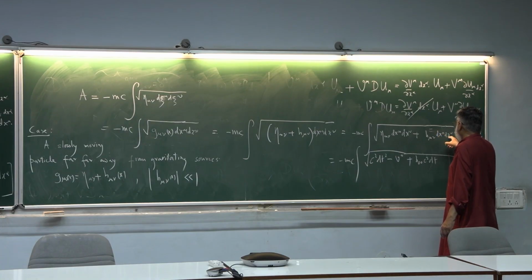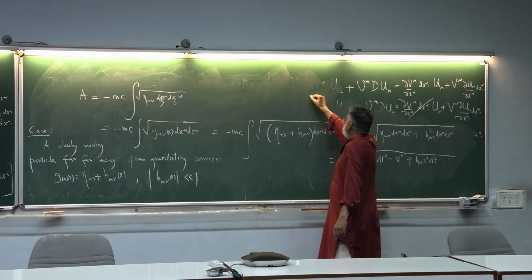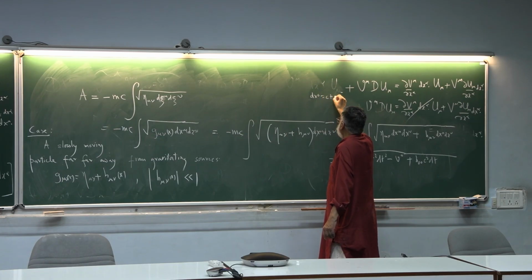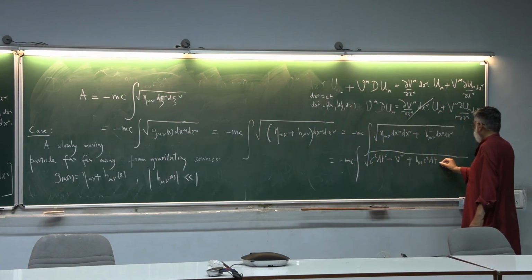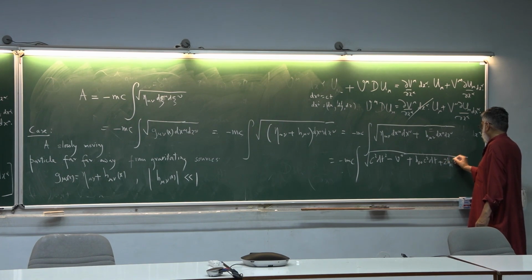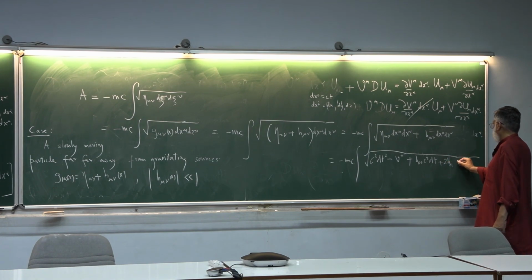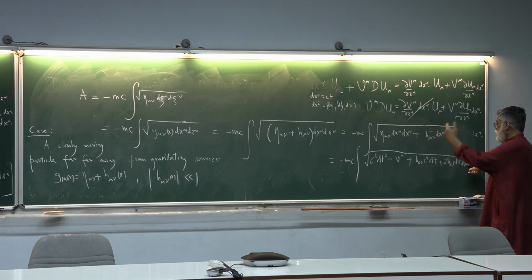Remember, dx0 is simply c dt and dxi are the spatial components, dx, dy, dz in the Minkowski coordinate system. Again, i is being summed over, but in my convention i goes from 1 to 3. They are spatial, while mu goes from 0, 1 to 3.